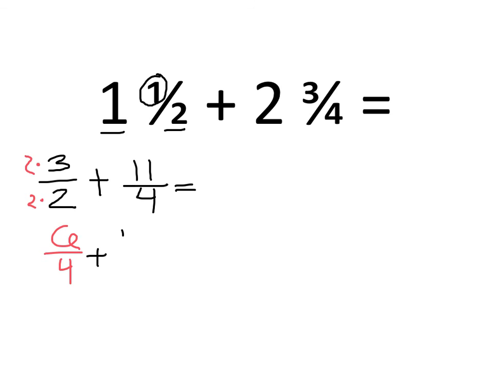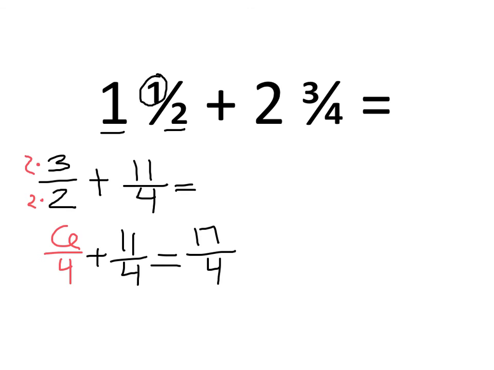Moving the 11/4 down so we can work straight across, we now have 6 plus 11, which is 17. Our answer is 17/4.